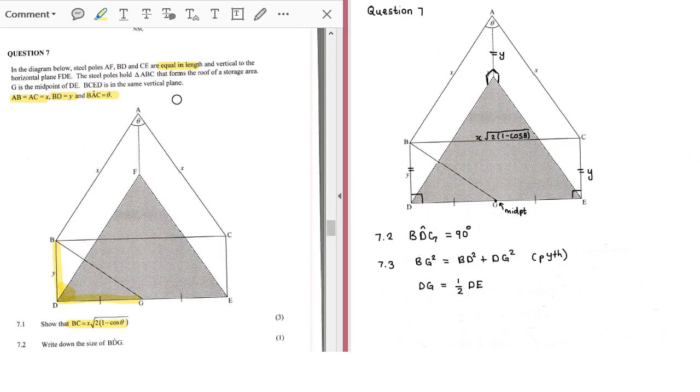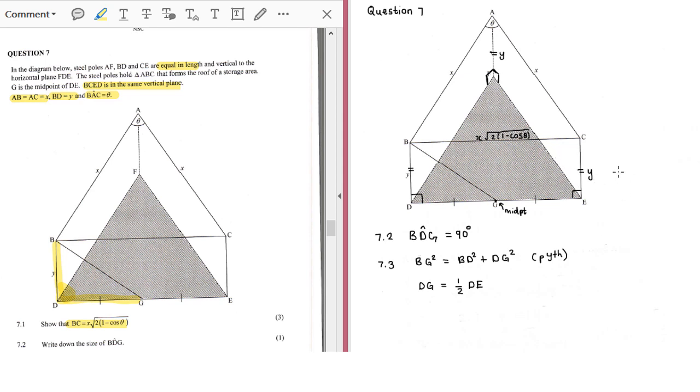They tried to point out to us over here that this figure BCED is in the same vertical plane. In other words, it's standing upright, like a wall. If this is a storage area, you can think of this as sort of like the back wall. So it is perfectly vertical.